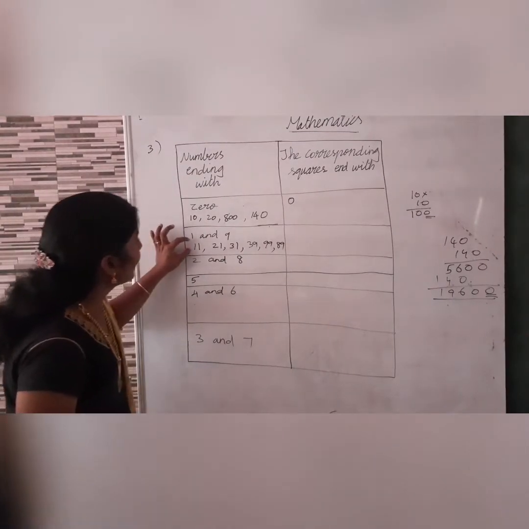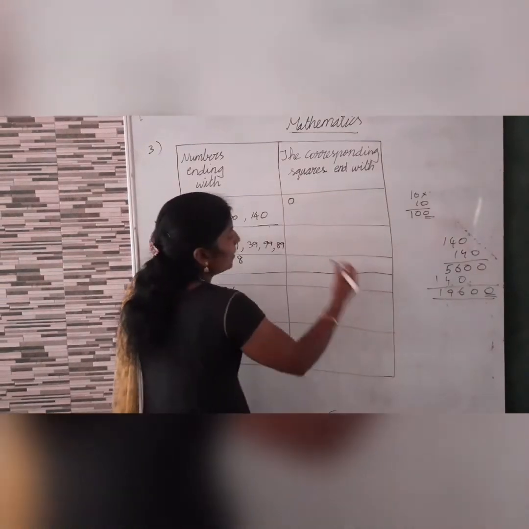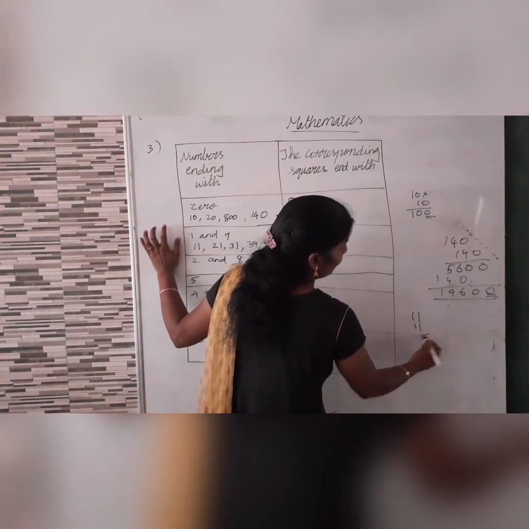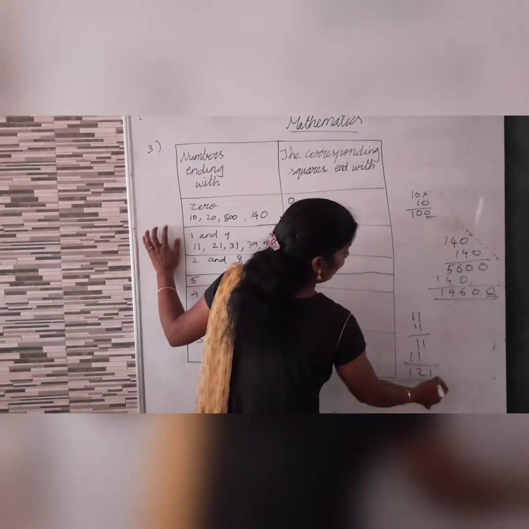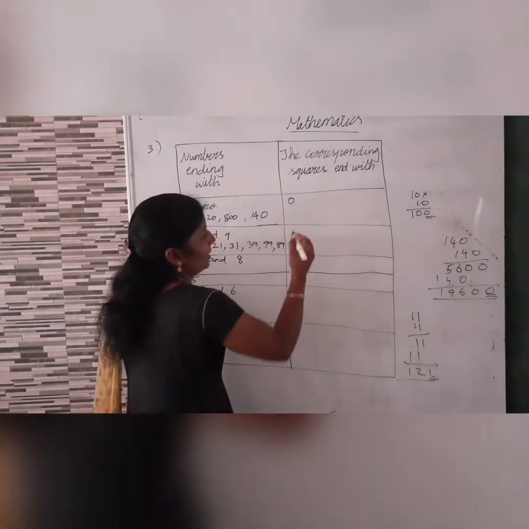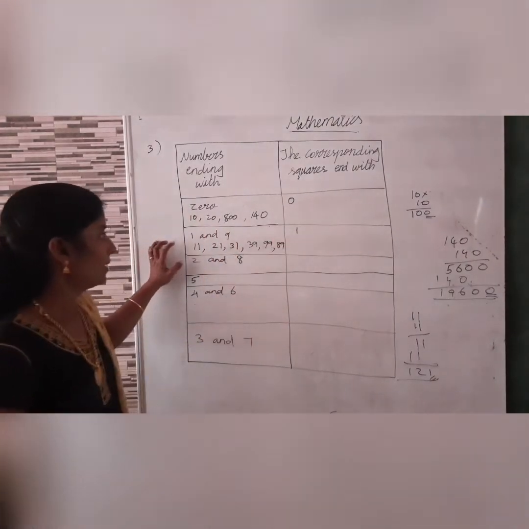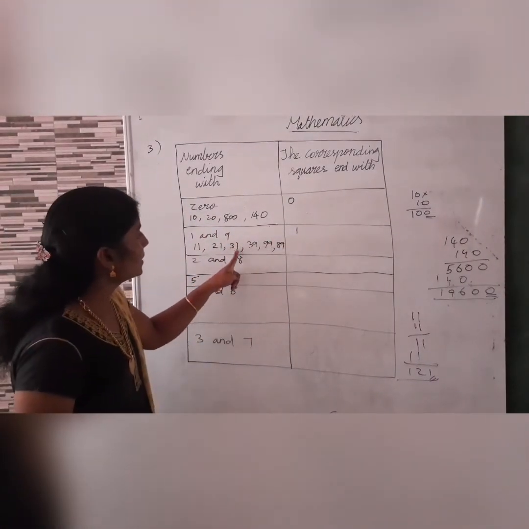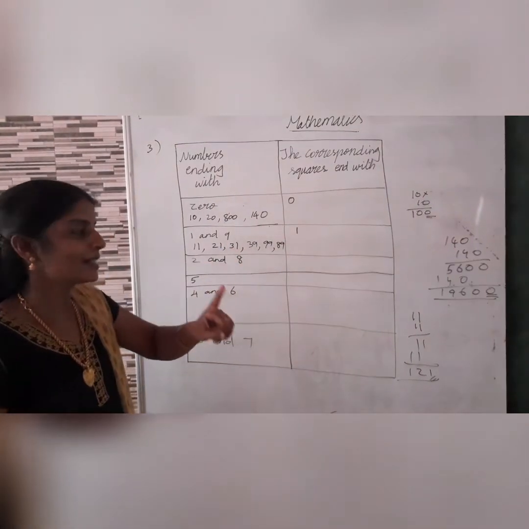Now listen, the square of 11 is 11 into 11. 1 into 1 is 1, so 121. What's the ones digit? 1. So that square ends with 1. Here 1 into 1, ones are 1. That is the ones digit, isn't it?